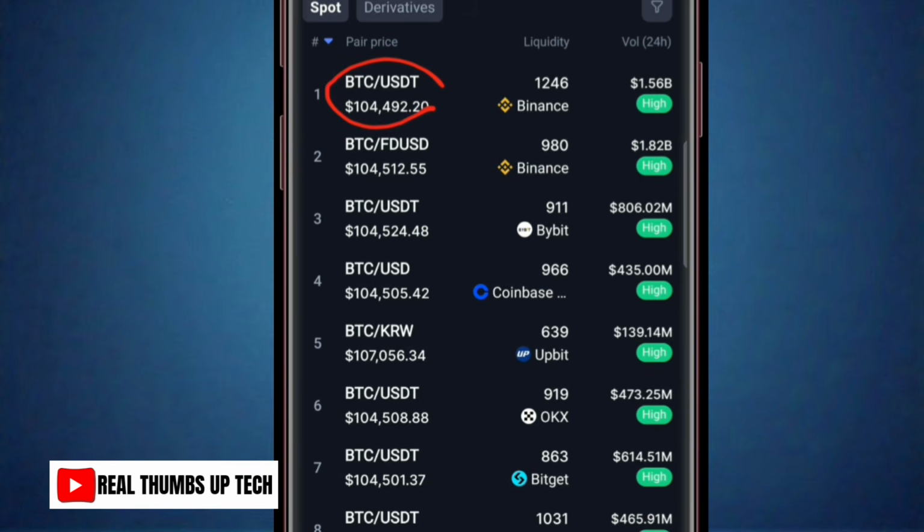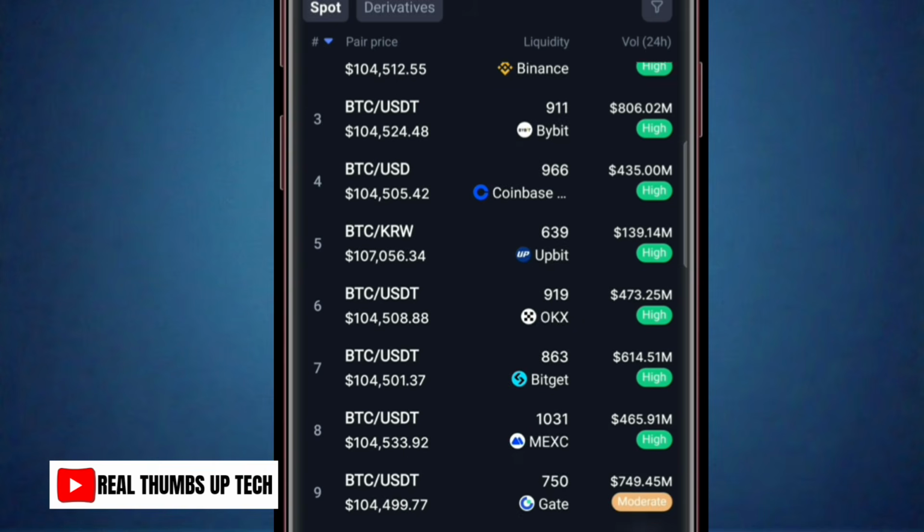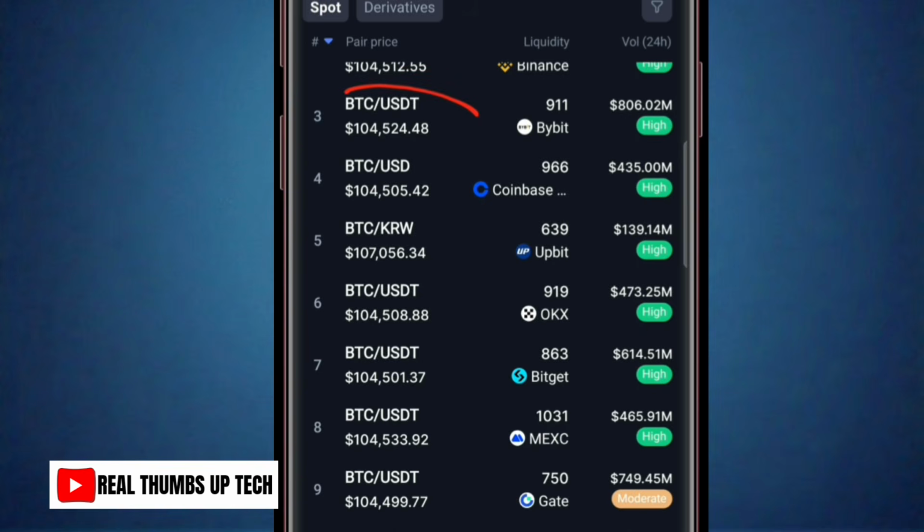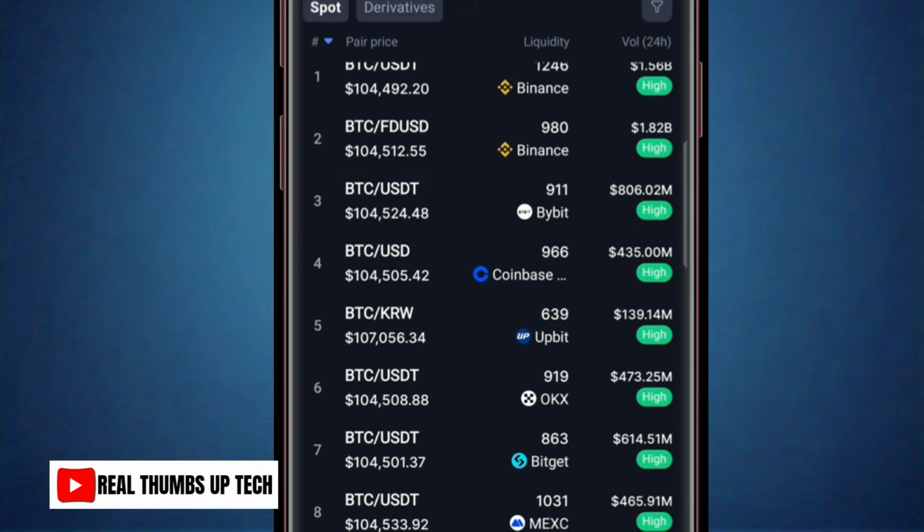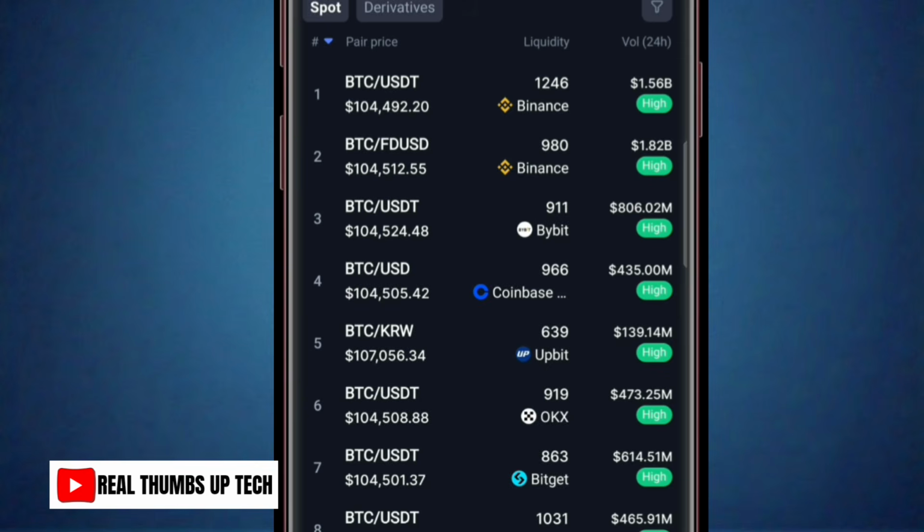So this BTC USDT on Binance currently, based on CoinMarketCap rates, is sold at 104,492.20. And if you also scroll down, Bybit sells at 104,524.48. So in this case, we can buy it here on Binance and sell BTC on Bybit, because on Binance, BTC is lower in price compared to Bybit.